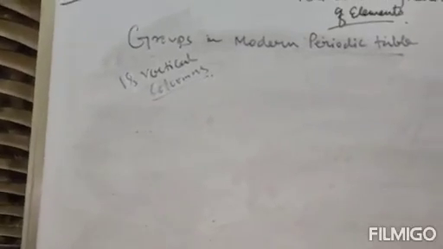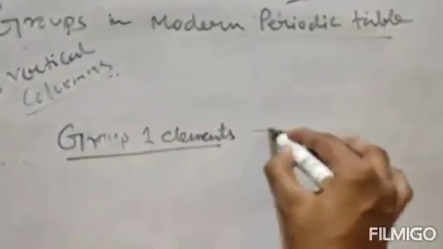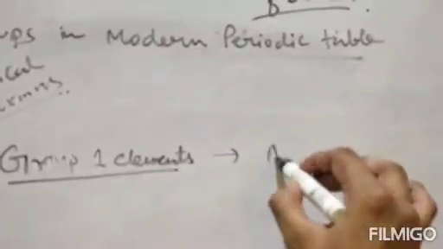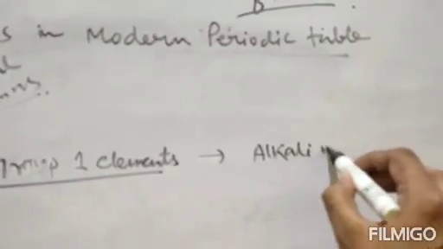So number one, group 1 elements. They have a specific name. They are called alkali metals, because group 1 elements contain alkali metals.